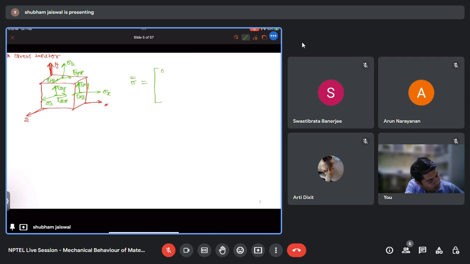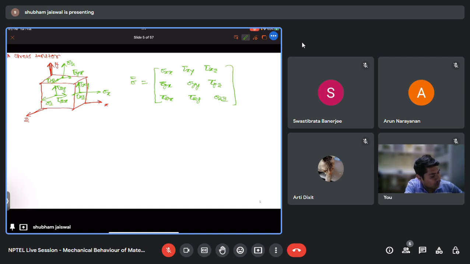It is sigma xx, tau xy, tau xz; tau yx, sigma yy, tau yz; tau zx, tau zy, sigma zz.